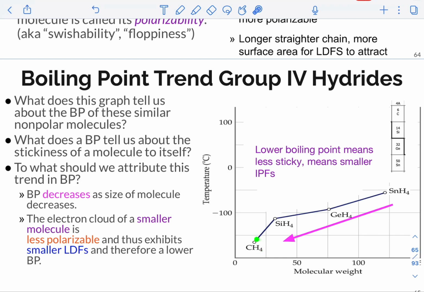If we have less LDF, we have a lower boiling point. More LDF, higher boiling point. And the same goes when you're comparing different types of IPFs. So LDF is the weakest force we have oftentimes. But if something has dipole-dipole forces, it's going to have a higher boiling point than something with just LDF. So you'll see that.